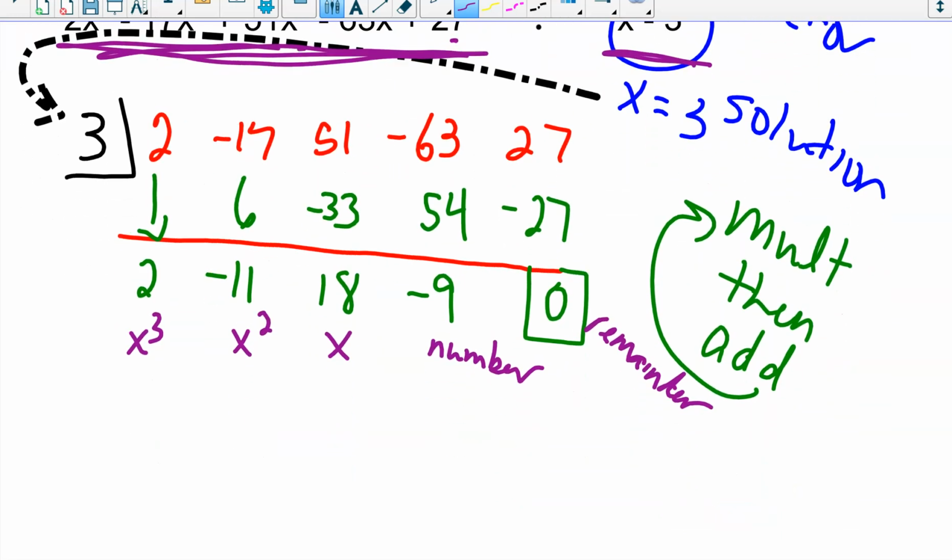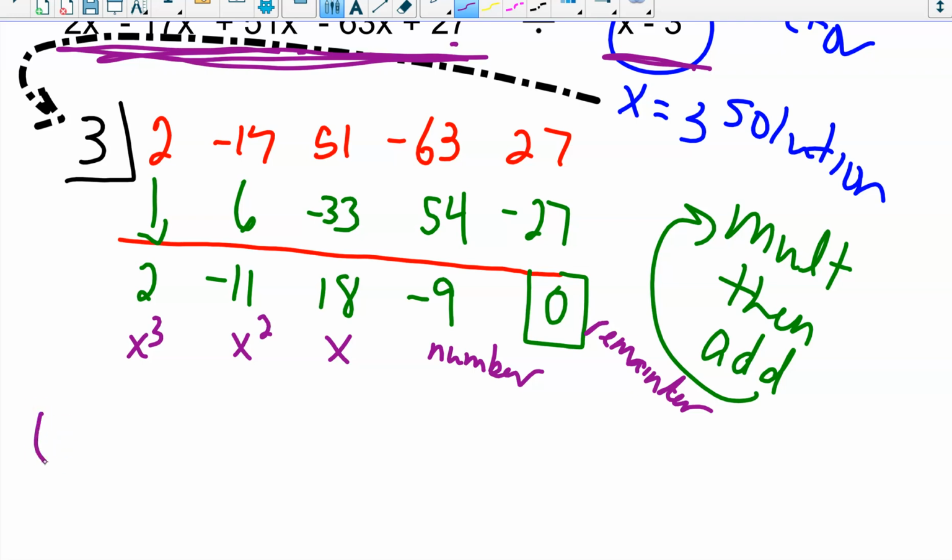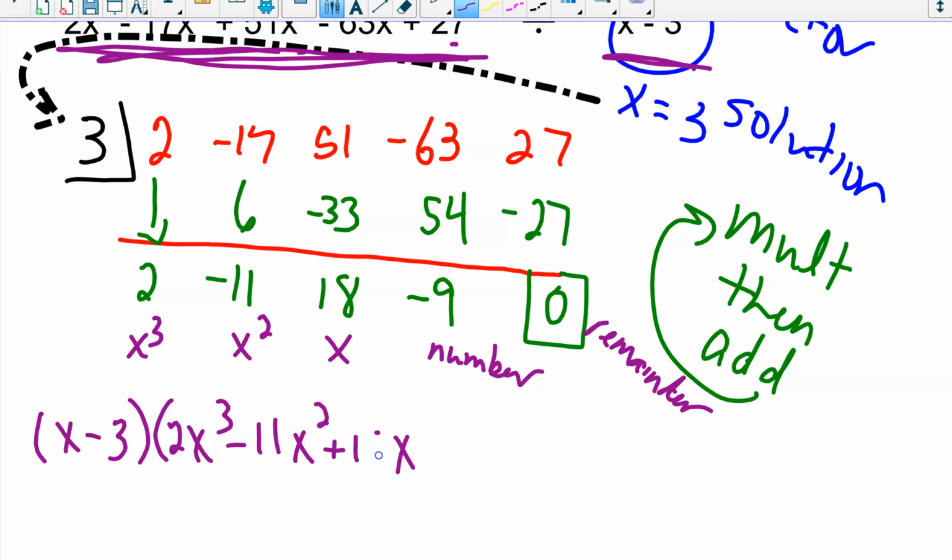And what this means is that we factored that by x minus 3, and we ended up with 2x cubed minus 11x squared plus 18x minus 9.